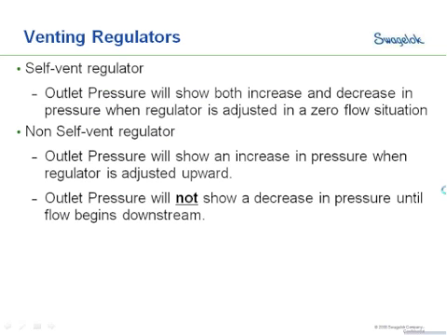So for the non-self-venting regulator, we can continue to increase our pressure and we'll see the pressure at the regulator rise, but unless there's demand and flow downstream to use up that additional pressure, we will not be able to drop the pressure of the regulator. So we're really dependent on what's happening downstream. And there's applications where you want to use self-venting, and there's other applications where you don't want to use self-venting. And that's important to think about as you're finally selecting the appropriate product for the application.